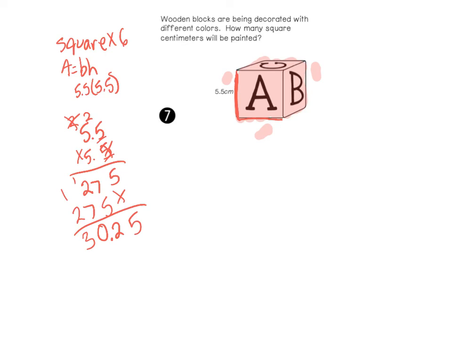We get 30.25. But remember, we have to multiply by 6 because there's 6 of the exact same sides. So we have 30.25. Multiply it by 6. Two decimal places. 1, 2. So we move it over 2 decimal places.